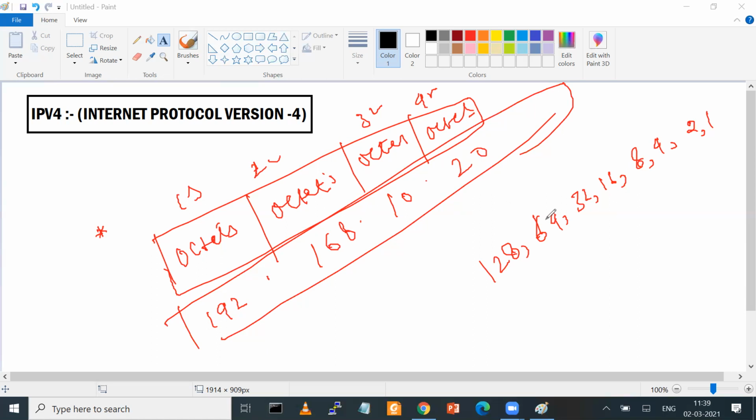So, So it should be one dot one dot zero dot zero dot zero dot zero.